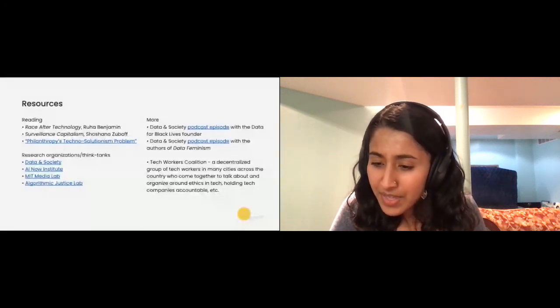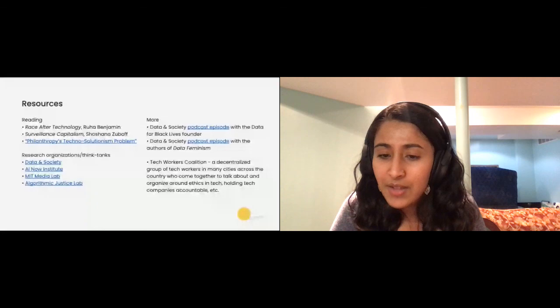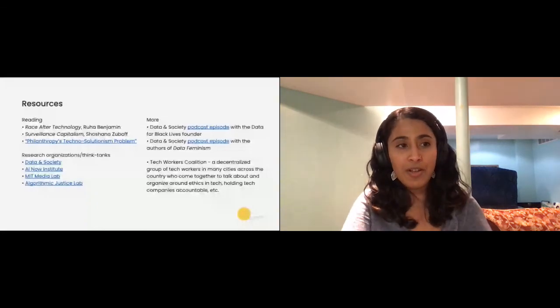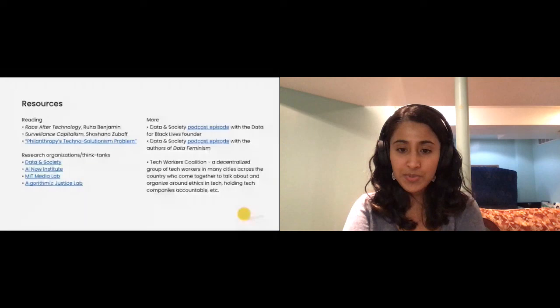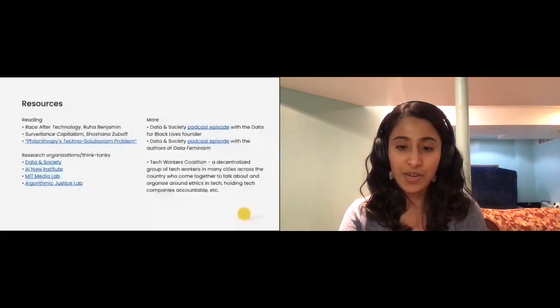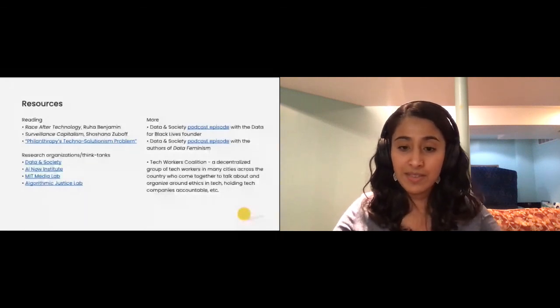I think outside of technical skills, just getting involved with organizing groups and activist groups is really important. I think that is where a lot of change happens. If you do really care about inequality, you have to care about the overarching environment that we live in, because all of that impacts inequality.